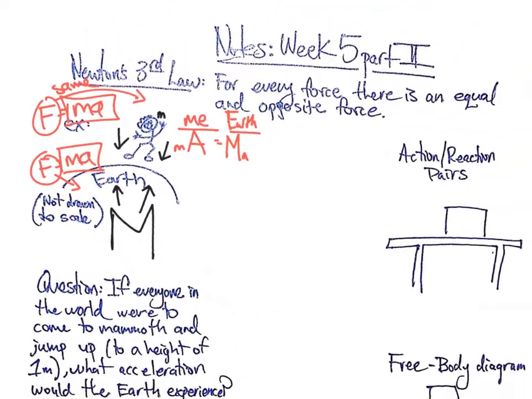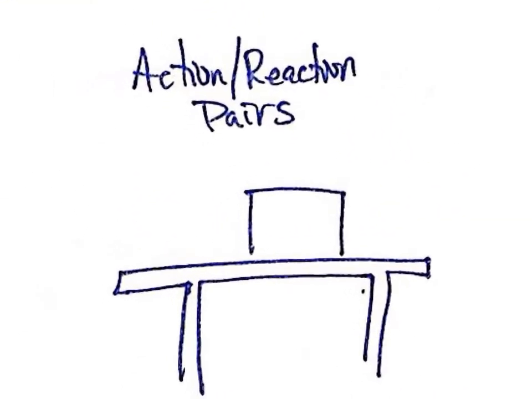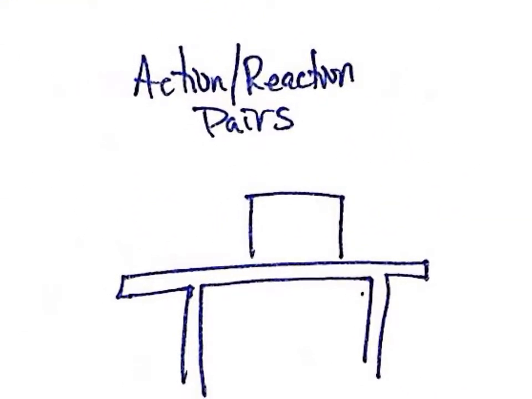But for every force, forces do not exist in isolation. They come in pairs, and so we call those action-reaction pairs. And if we look at, let's call this a box on a desk, we have an action-reaction pair going on here. And one is that the box is pushing down on the table. So this is box pushing, I'll write everything, just to be thorough.